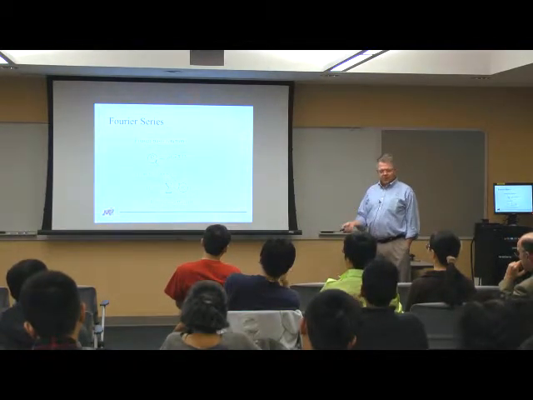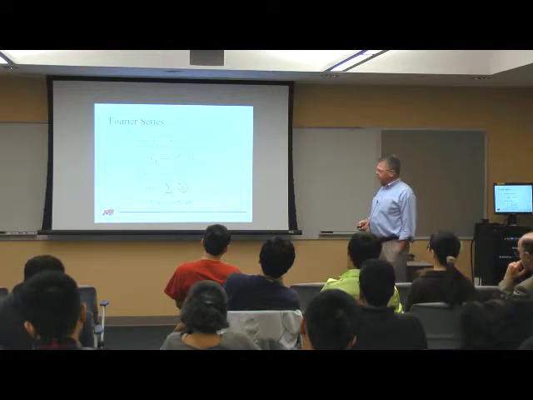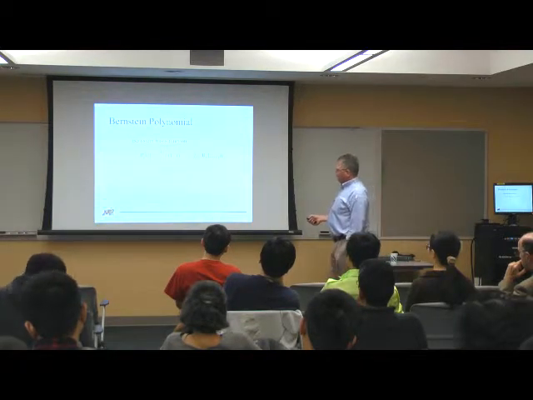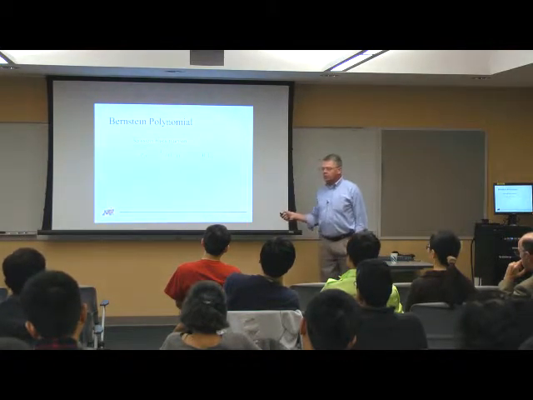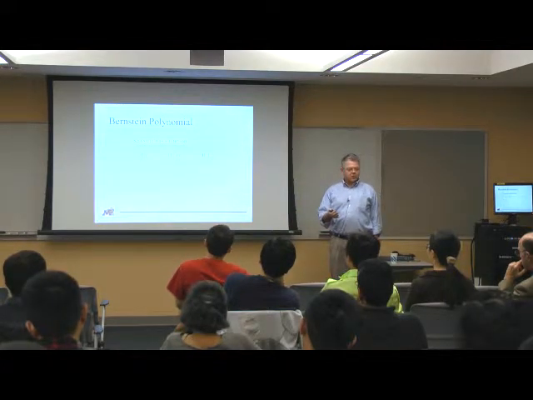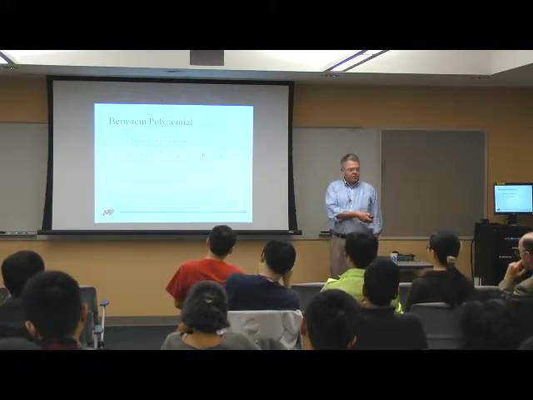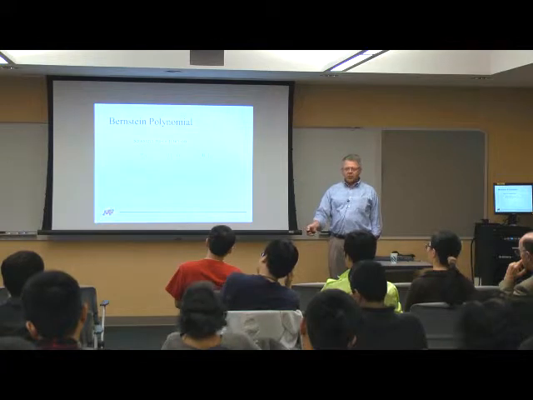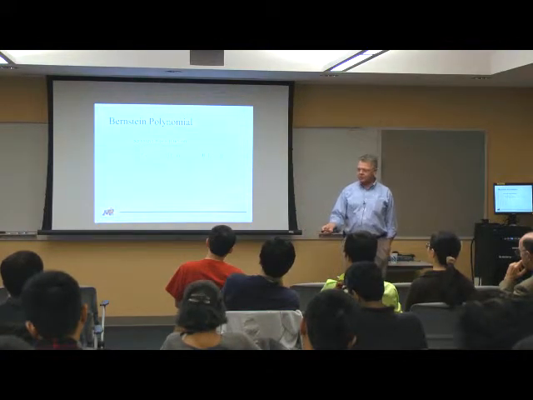If I have something like polynomials, what do I do? Just choose a different basis function. If I do Taylor series approximations, for instance, I choose one basis function. If I want to do a different type of approximation, I can choose a different basis function.